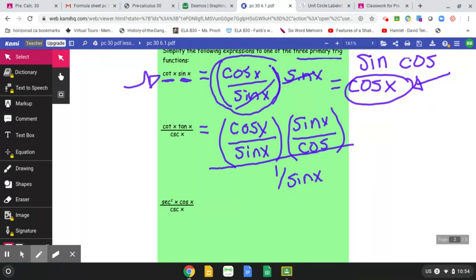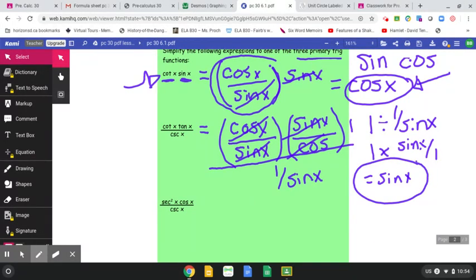So in my numerator, I have that can cancel, and that can cancel. So I actually just have 1. Okay, so 1 divided by 1 over sine x, which is the same thing as saying 1 times, now flip, so sine x over 1, which is sine x.